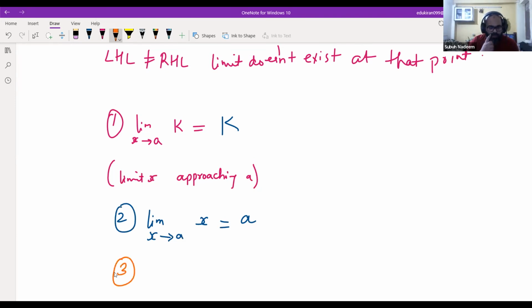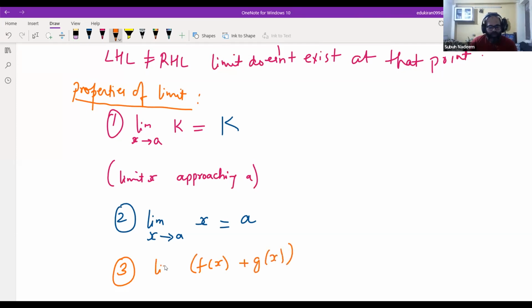Then the third one is, if two functions f of x and g of x are additive and you have to find the limit x approaching a, then it will be simply f of a plus g of a.